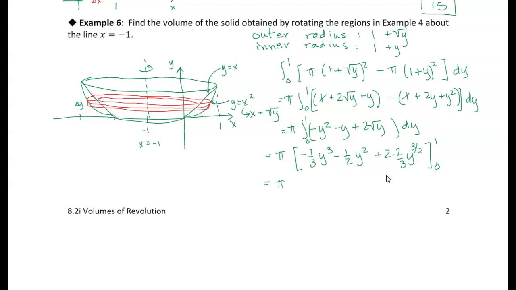So pi times minus 1/3 minus 1/2 plus 4/3. So this is minus 2/6, this is minus 3/6, and this would be plus 8/6. So it looks like we get 3/6, which is 1/2. So it's going to be 1/2 pi, or we could write it as pi over 2.